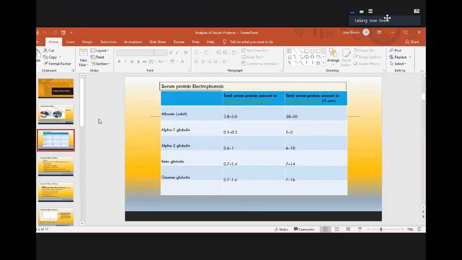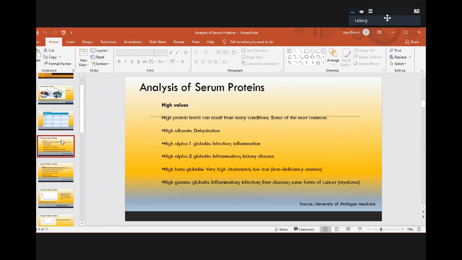Okay, so now we know why we have so much albumin. One of the reasons you analyze serum proteins in a clinical setting or in research is that the concentrations of all these proteins can tell you something about the physical condition of the person.